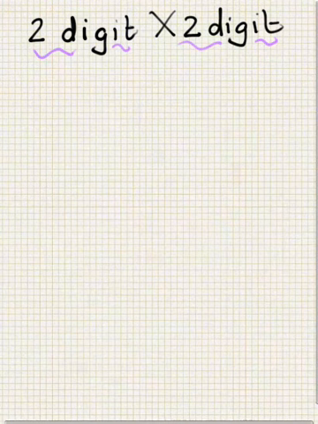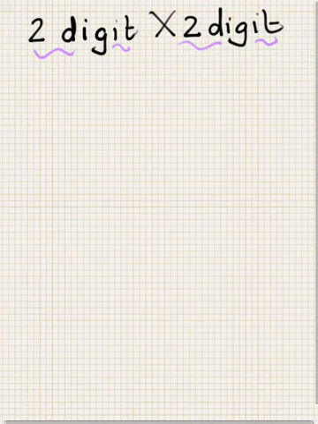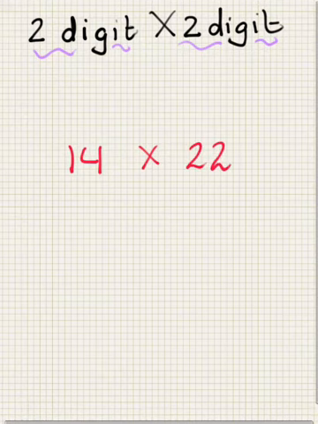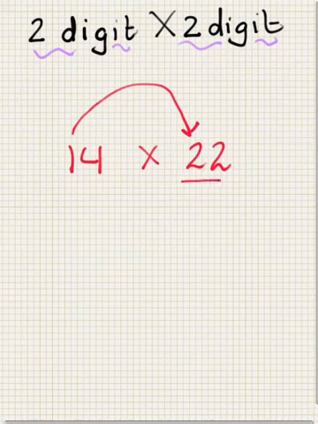Okay, now let's see how to multiply a two-digit number by a two-digit number. Let's just start with easier numbers. So 14 and 22. First I'm going to multiply 1 by 2, the first number here times the first number here.